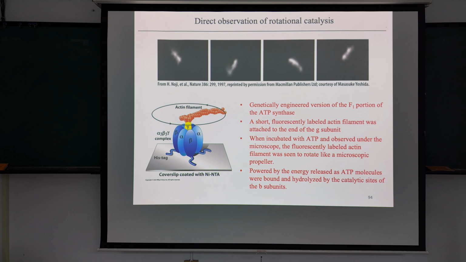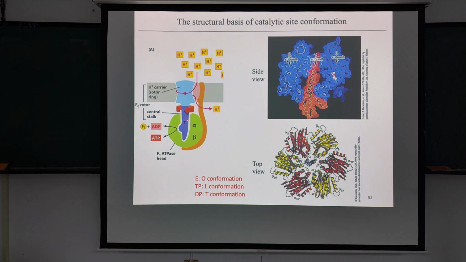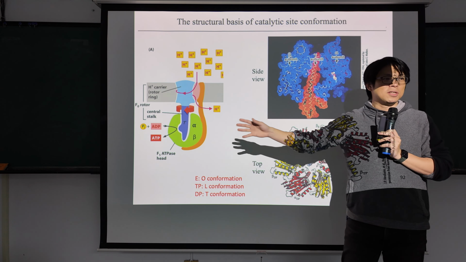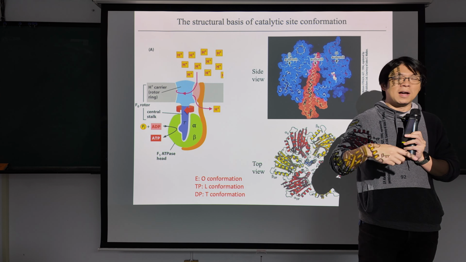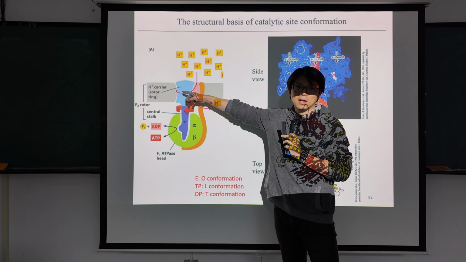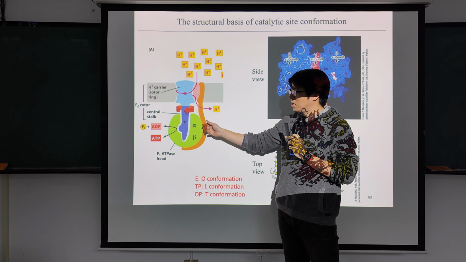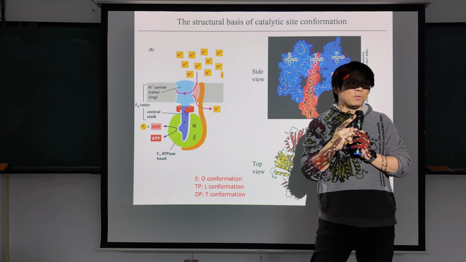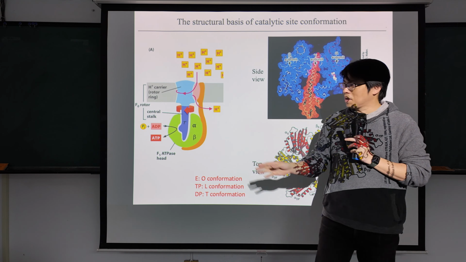Basically. And this is also a smart machine actually. If you generate too much ATP, it will stop rotating. It will stop using protons to rotate the gamma subunit. It will reverse the orientation and stop pumping.